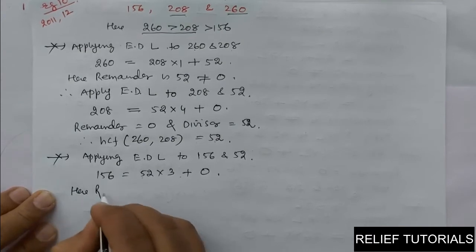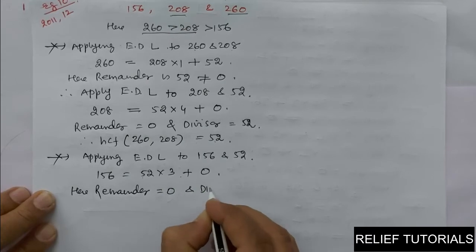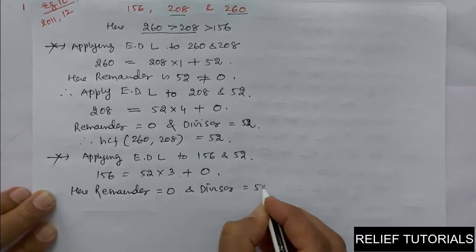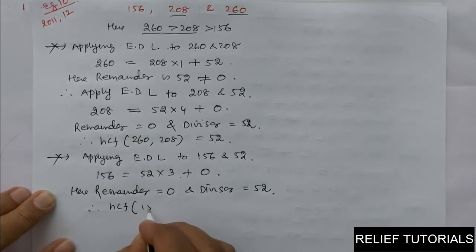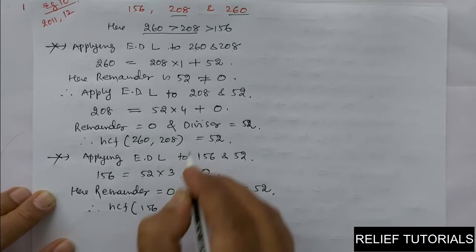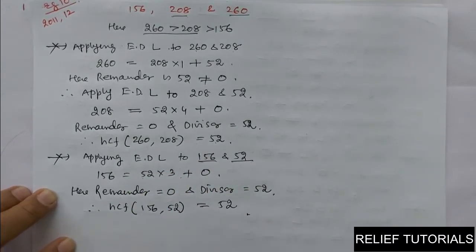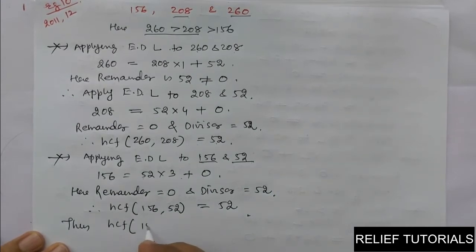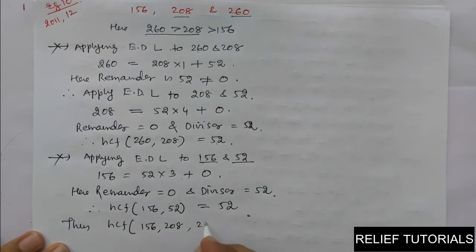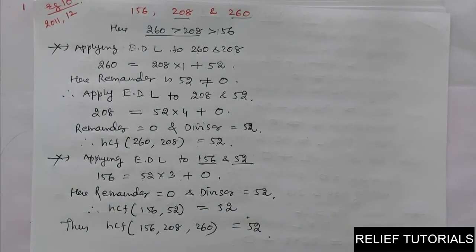So here remainder is 0 and divisor is 52. So therefore you can say HCF of 156 and 52 is equals to 52. Clear? So ultimately we can say HCF of 156, 208 and 260 is 52. So HCF of all these three numbers is 52.